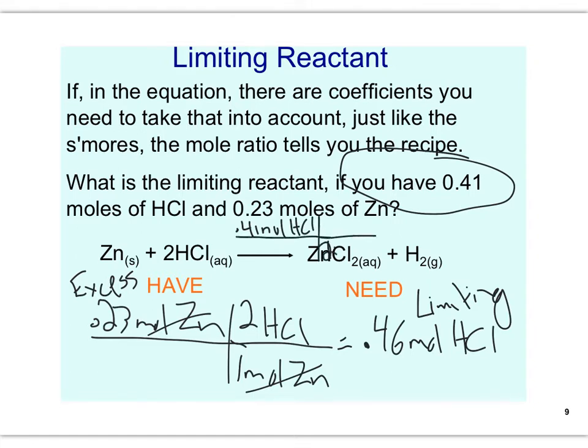So 2 moles of HCl per 1 mole of zinc. Moles of hydrochloric acid are going to cancel out, and you're going to find that in order to use all 0.41 moles of your hydrochloric acid, you would only need 0.20 moles of zinc. And you look back at the question, well, you have 0.23 moles of zinc. So you can always double check yourself, and therefore we know that zinc is our excess, hydrochloric acid is our limiting.